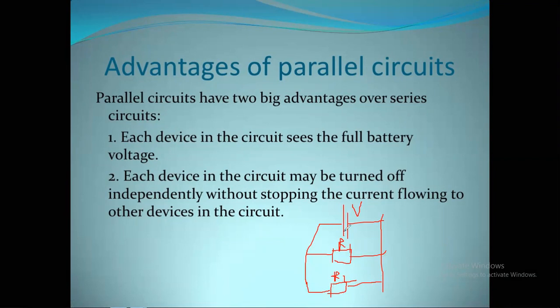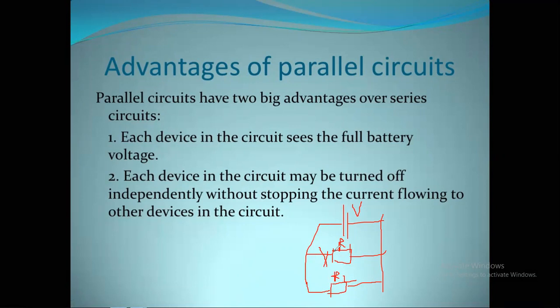The second advantage is, suppose that this circuit breaks down. Then the current won't flow over here, but the current can still flow through this circuit because it has not broken up. As a result, without disturbing this circuit, you can switch off the other circuit. Just like in our house, bulbs are connected in parallel, not in series.